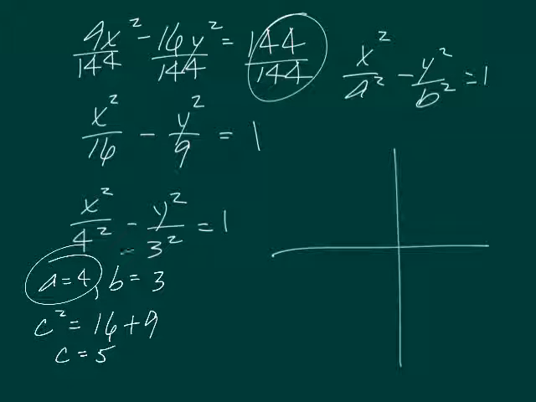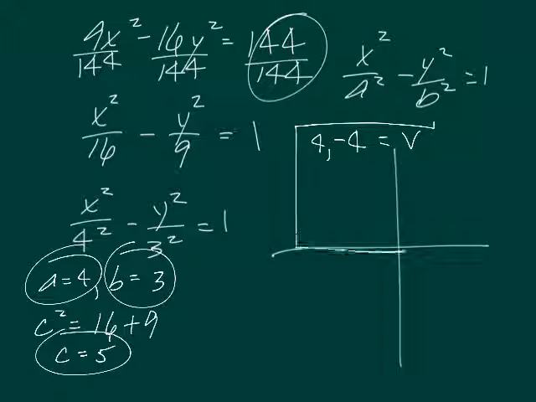So I've got those 3 bits of information that will help me find everything I'm looking for. I already said that my vertices are going to be a, 0 and negative a, 0, or 4 and negative 4. So that's my vertices. Let's go ahead and make a box here so we have those there.